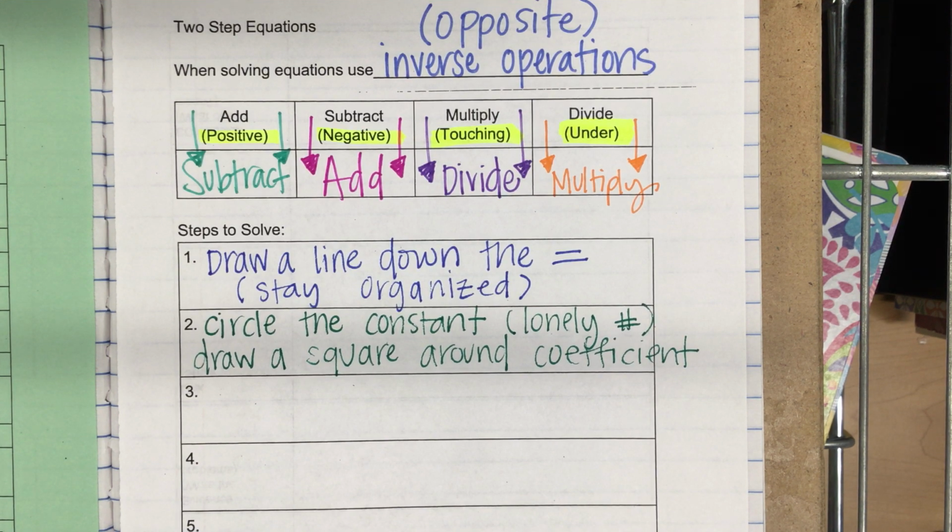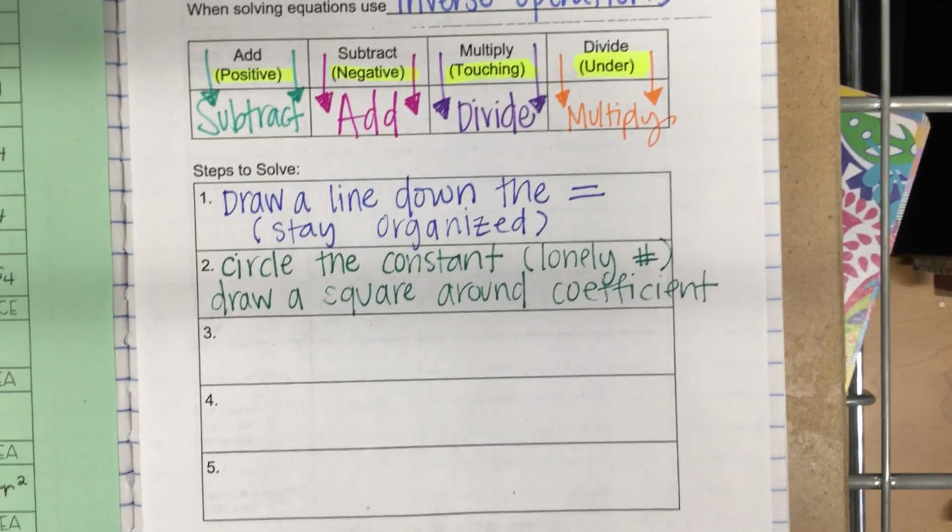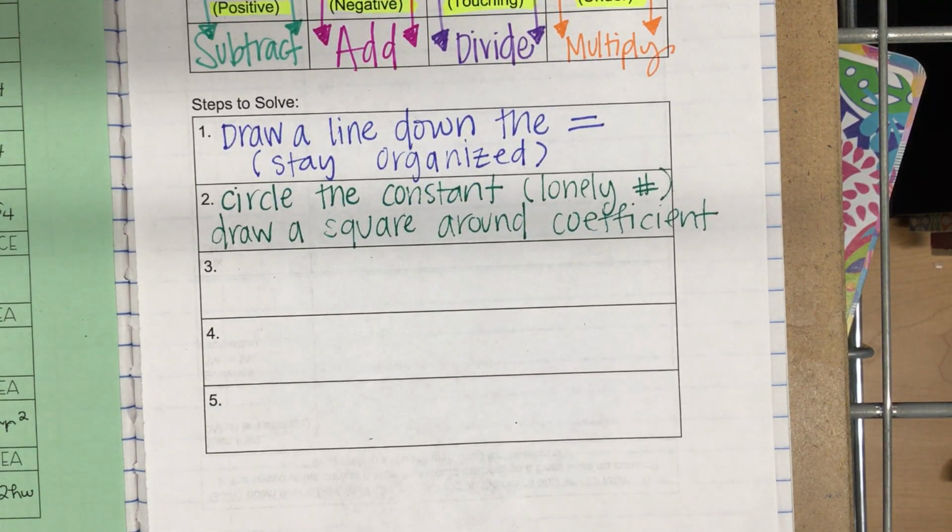I'm going to use those vocabulary words a lot. So step number 1, draw a line down the equal sign to stay organized. Step number 2, circle the constant, draw a square around the coefficient. You have to identify the values.